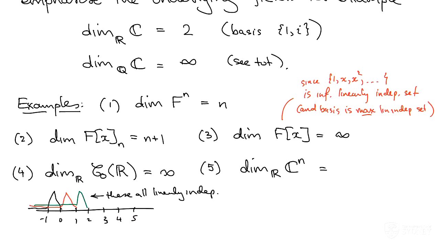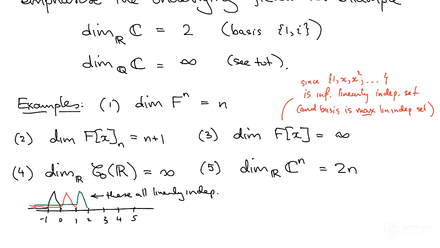And finally, this one? 2n, good, 2n. Why? Roughly speaking, but maybe as an exercise, write out a proper basis for it. How many real numbers do you need to describe a vector in C^n?